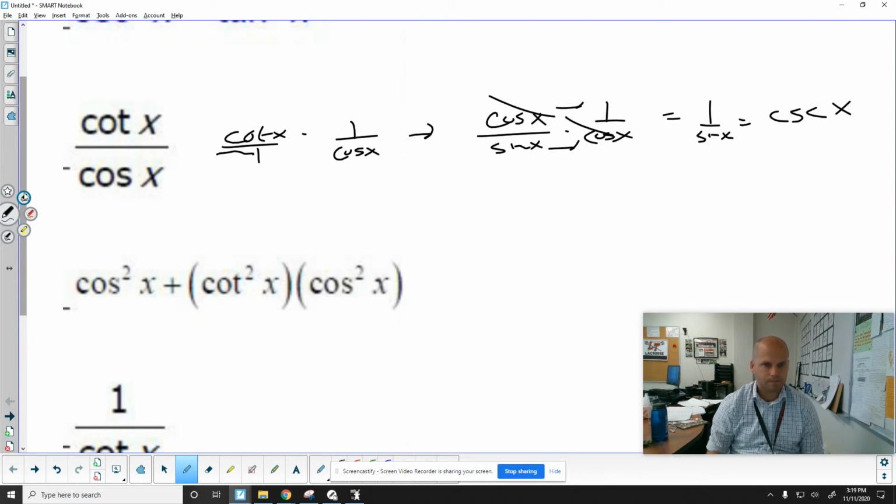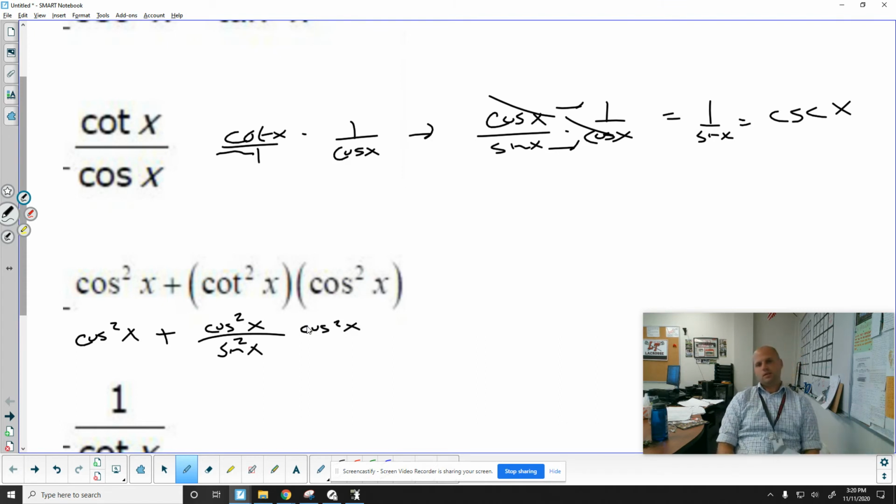This third one. Cosine squared x plus... what's cotangent squared? I'm going to multiply these together. So watch what happens if I multiply these together. Cosine squared over sine squared. Cosine squared. Hold on a second. This is not what I thought. I thought it was going to be easier. That's like cosine to the 4th.